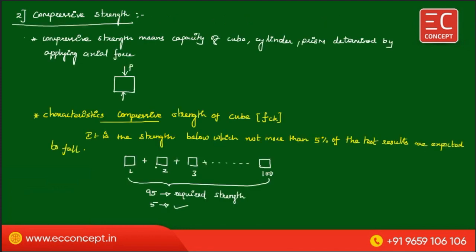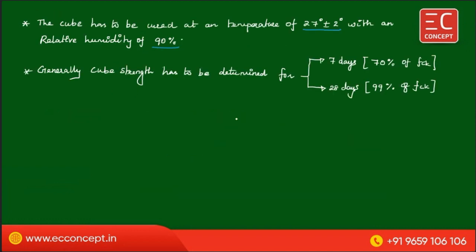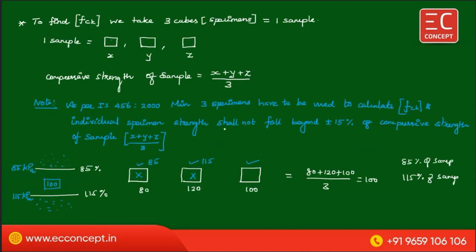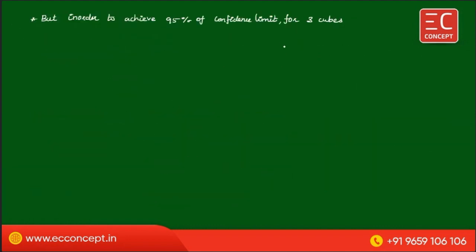See, for 100 cubes, 95 cubes should have required strength. 5 cubes are allowed to be less than the required strength. But we know that as per IS code, minimum how many cubes are required to test? Only 3 cubes. For 3 cubes, what is 95% of 3 cubes? Around 2.8.